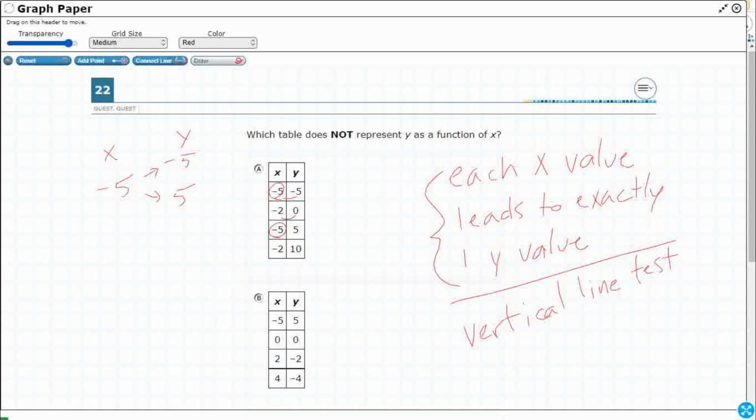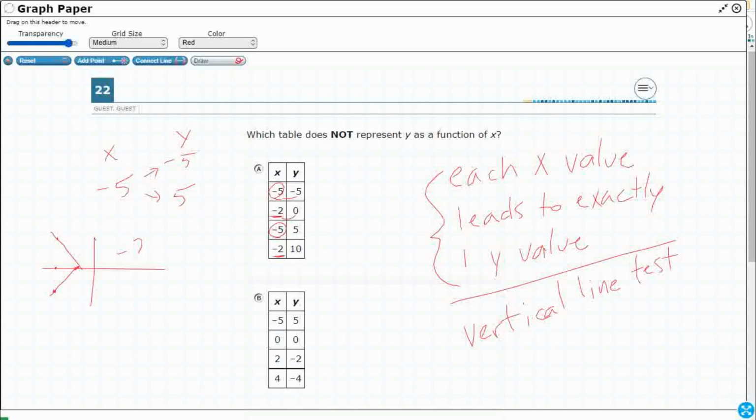So if I were to graph this right here, if my x is -5, it's going to be both +5 right there and -5. And so whatever my line is going to be, like here's my -2, 0, it's going to kind of go like this. And even then, take a look at this. I've got two -2's, right?